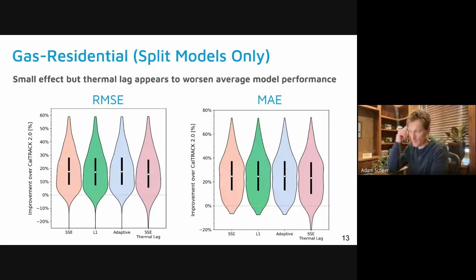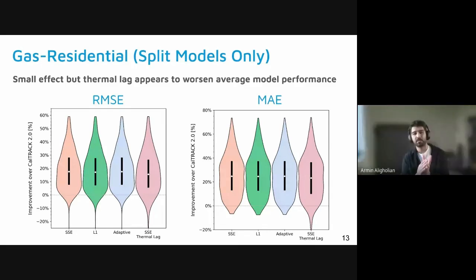But to me, it's not terribly surprising that these are similar. What it's telling us is that the specific choice of how you optimize the model is not necessarily super important for the final model formulation. Yeah. Basically, the difference between the sum of squared error and L1 is how you deal with the anomalies.